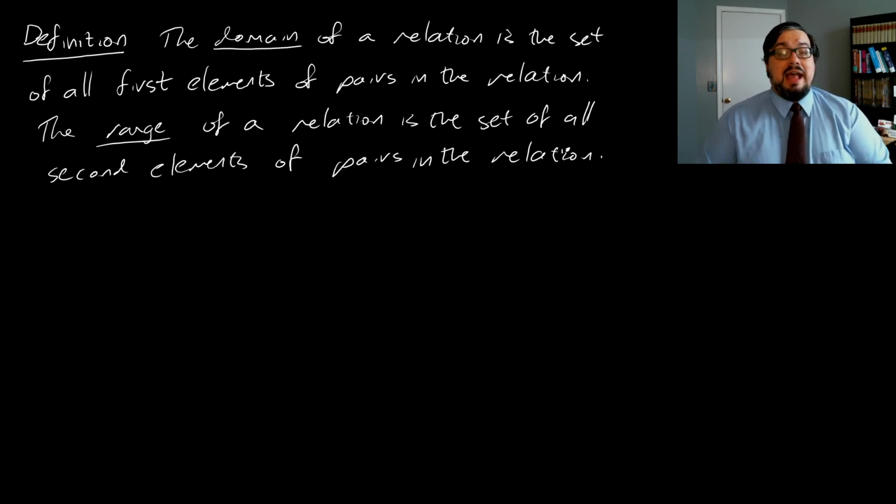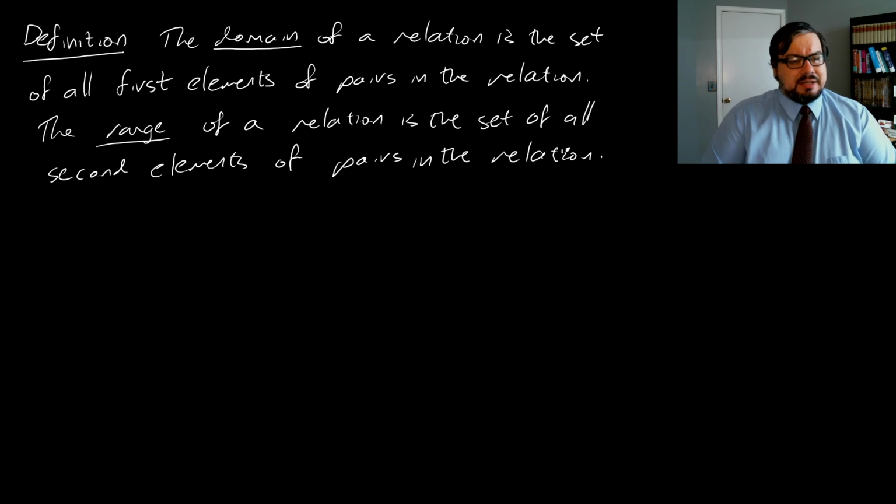So when, as in the previous example, the pairs are just listed out in sequence, then you can work out the domain and range just by working through all of the pairs and writing down the numbers that you get, not writing down any repeats. However, for more complicated relations, or just larger relations, we're going to have to do things a little bit differently.